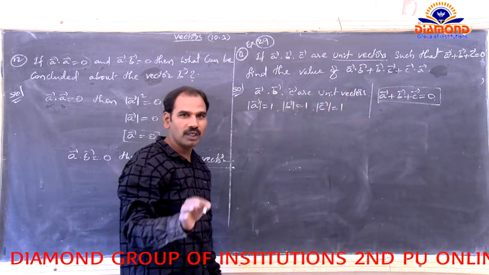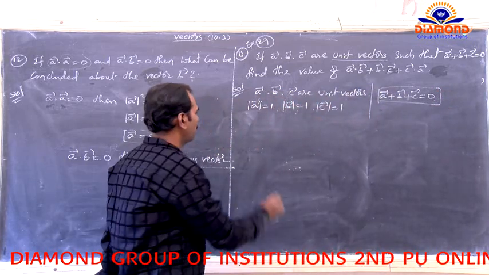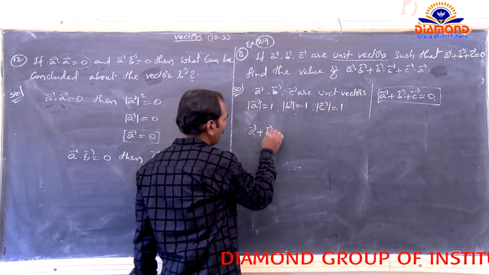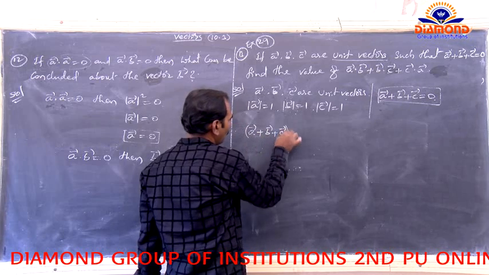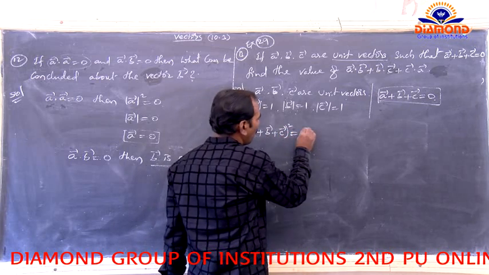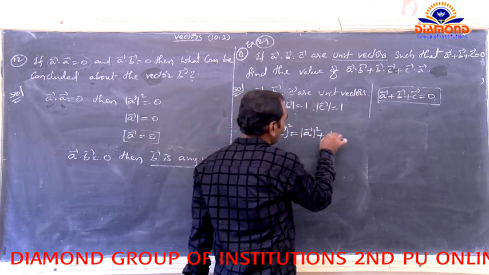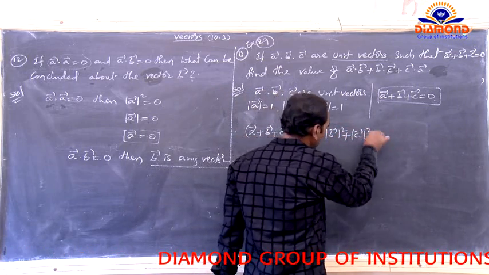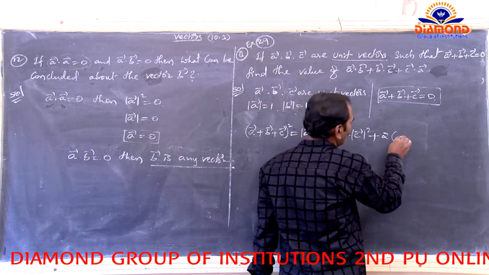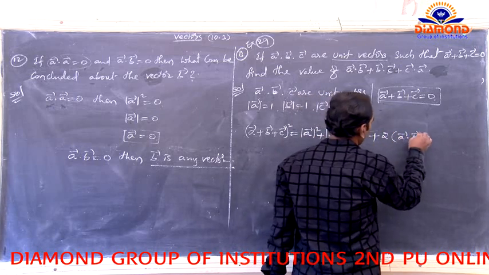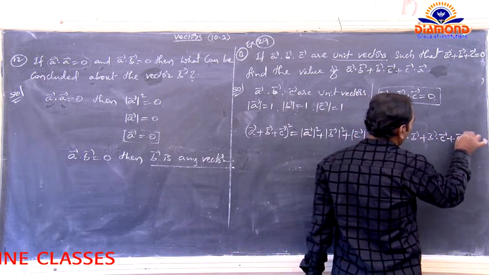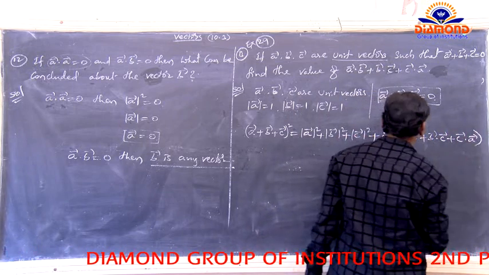It means we use the formula for (A plus B plus C) whole square. A bar plus B bar plus C bar whole square equals modulus of A square plus modulus of B square plus modulus of C square plus 2 into (A bar dot B bar plus B bar dot C bar plus C bar dot A bar).